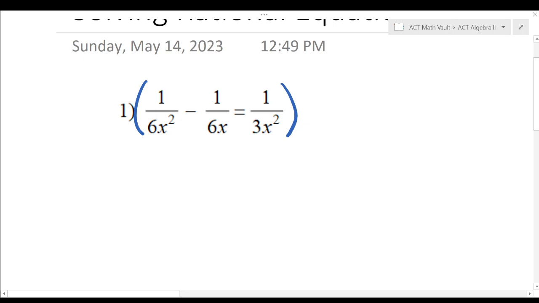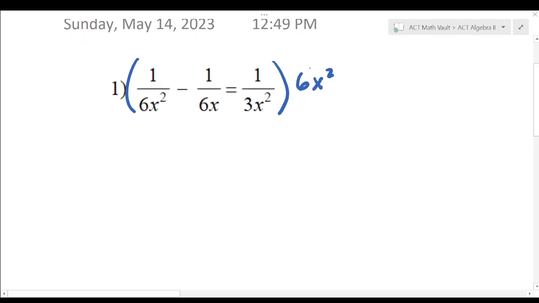The LCM, remember back to grade school, of 3 and 6 would be 6. And between x squared and x would be x squared, because we want something that will knock out every denominator somehow. Okay, so if I multiply 6x squared to everything, I'll get 6x squared on top, 6x squared on bottom.